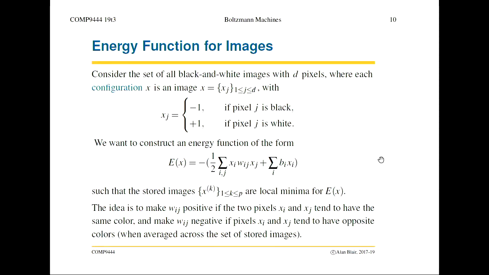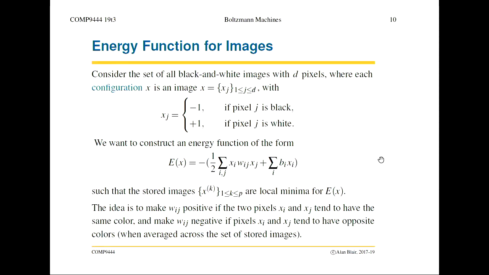So we can say that the number of pixels in that image is D, then a configuration or an image X is an assignment X sub j for j between 1 and D that's equal to -1 or +1.